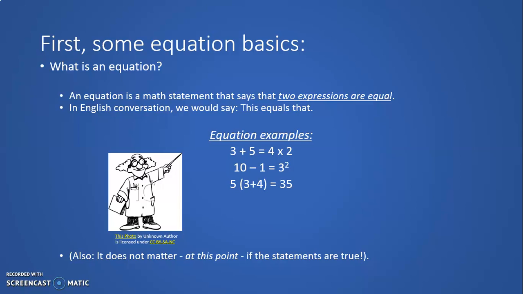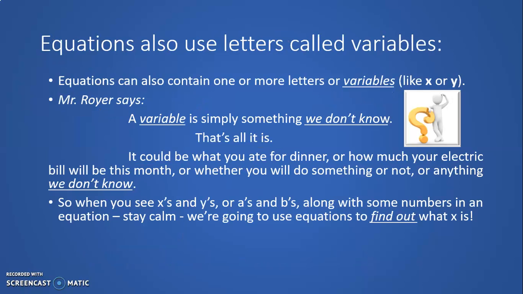These are equation examples. Now, equations also use letters in addition to numbers, and we call those letters variables. Maybe something like x or y or a or b. A variable is simply something we don't know. That's all it is. Sometimes people look at the x or the y and think, oh, what's that? That's confusing. Okay, well, it's just something we don't know.